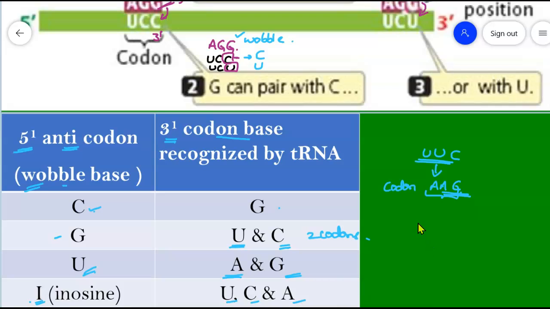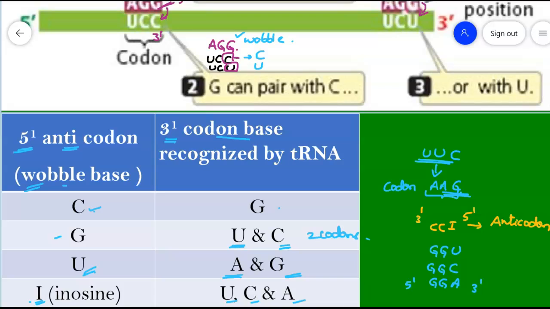For example, imagine these are the codons GGU, GGC, GGA, and this is the anticodon, with its 5' end and 3' end.